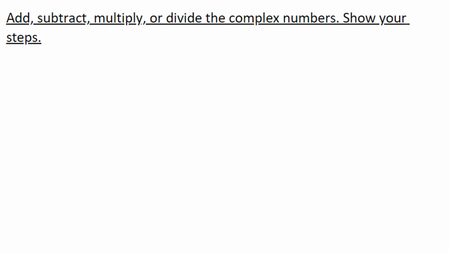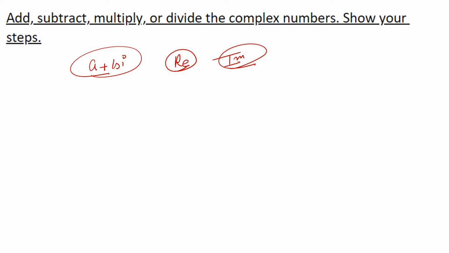Now our exercise starts. Add, subtract, multiply, divide the complex numbers. Now remember one thing, if you want to add complex numbers of the form a plus bi, you can add or subtract them in a way that the real part will be added only with the real part and the imaginary part will be added or subtracted by the imaginary part only.